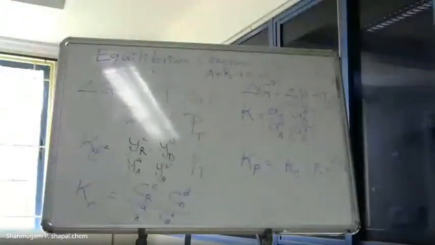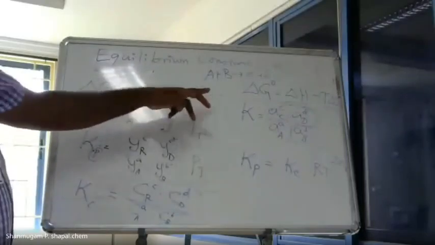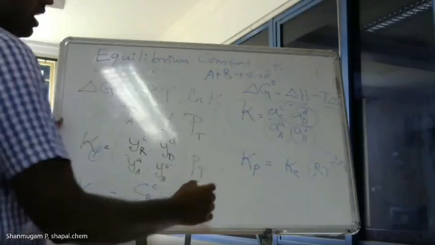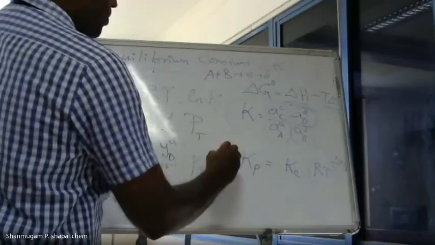Delta n is nothing but the summation of all the mole coefficients. So this is another way of representing the K value.